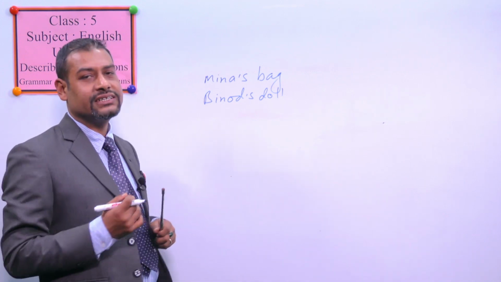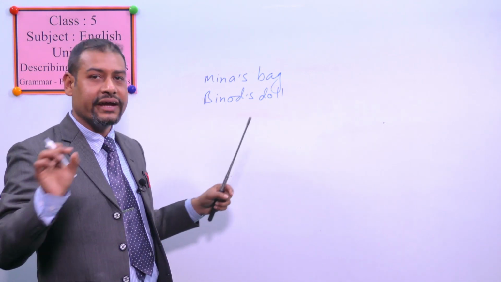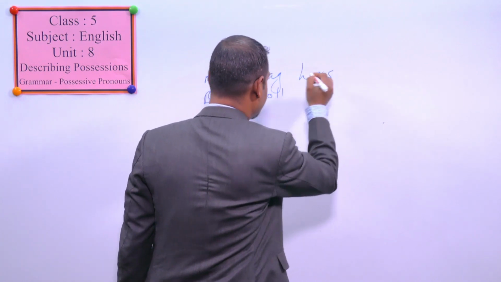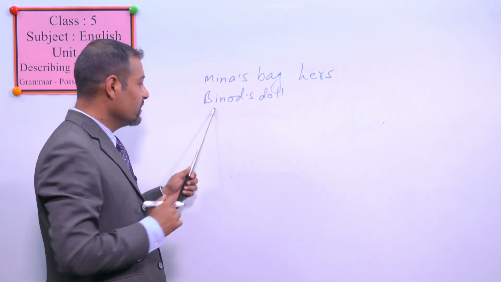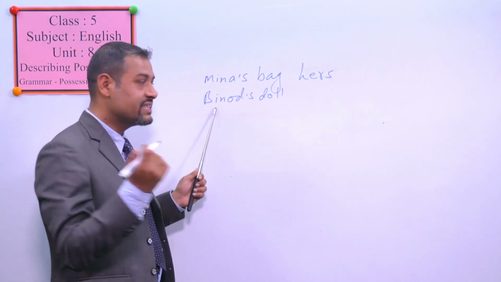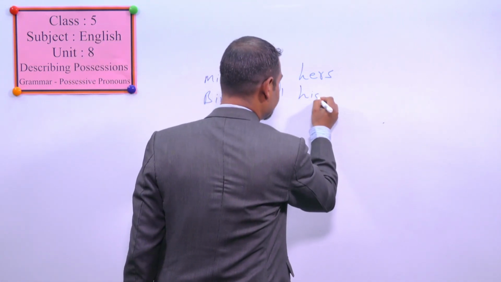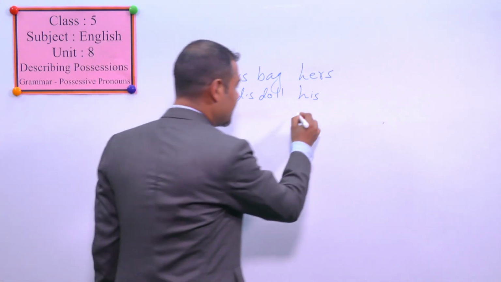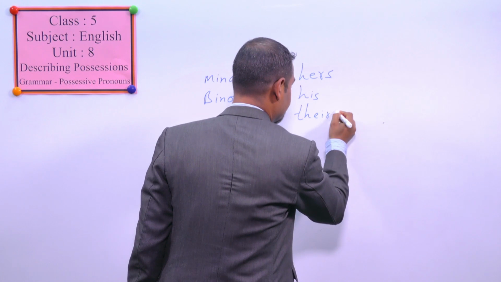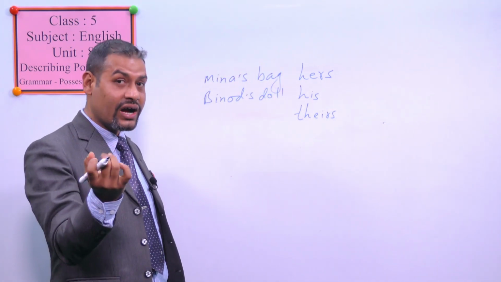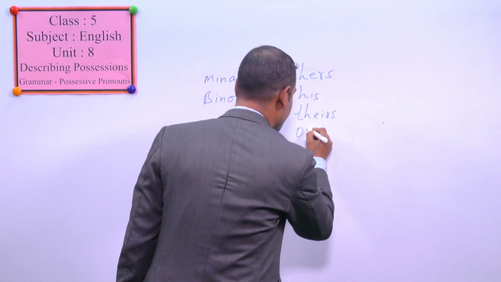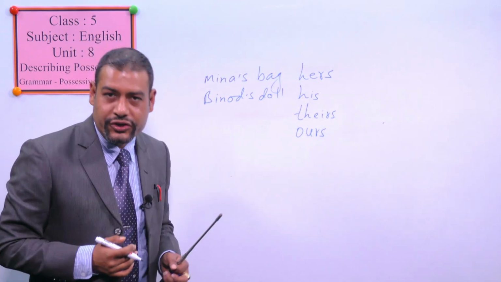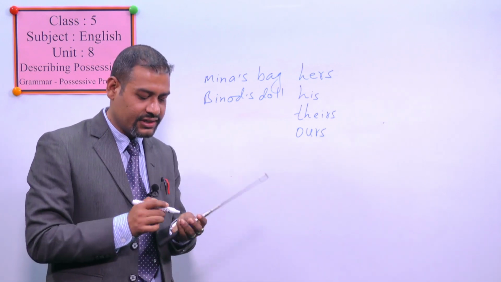But if you want to write only the pronoun, for a girl you write hers. If it is a boy's name, you write his. If there are many, you write theirs, T-H-E-I-R-S. If you want to show ours, for plural, you can write O-U-R-S, ours. This is what I have already shown you in the sentences.